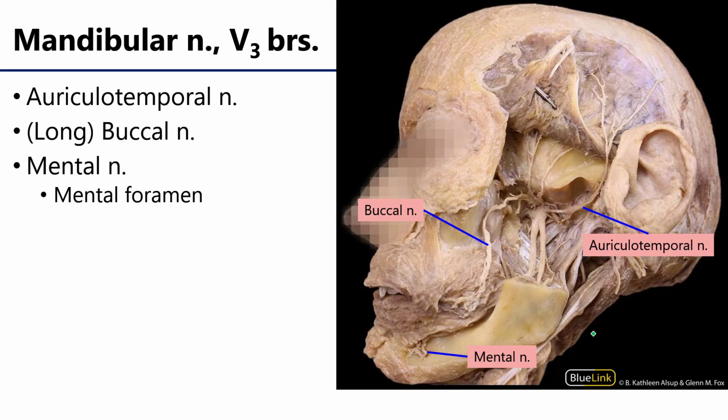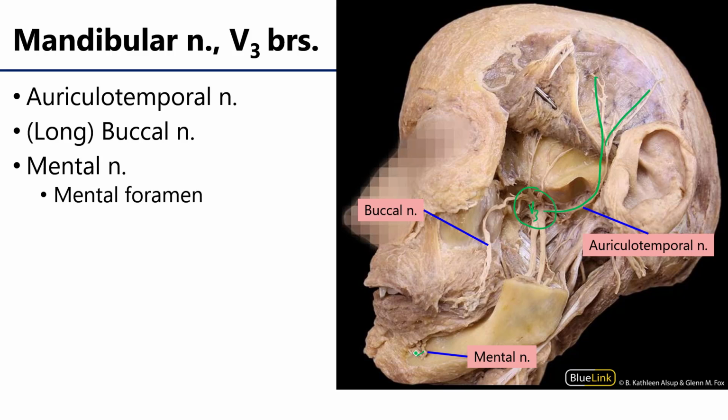And moving right along to V3 branches. So this is the infraorbital foramen, infraorbital fossa, and we can see all of this, which is V3, and we have the auriculotemporal nerve, which serves the temporal region and just anterior to the ear.